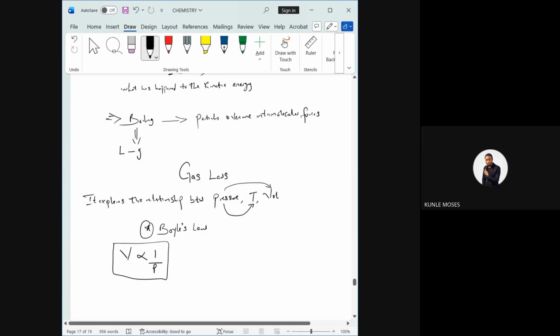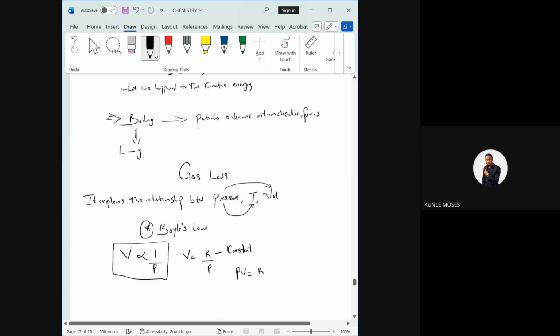So if you want to turn this into an equation, it will be V equals K over P. The K simply means the constant, right? So if we make our constant the subject of the formula, that means PV equals constant.